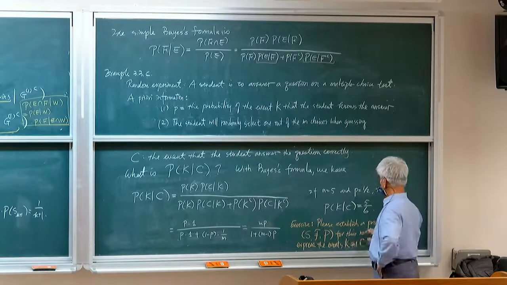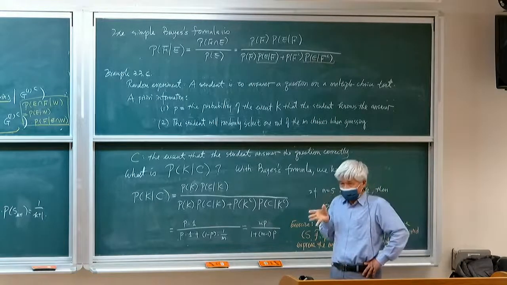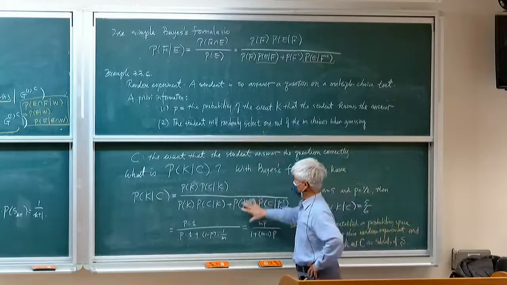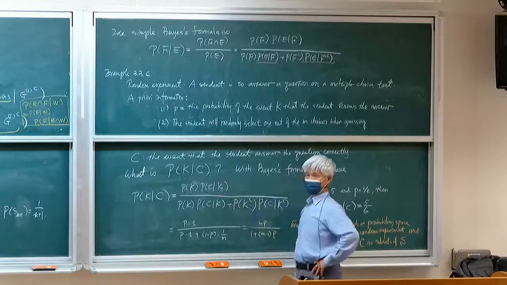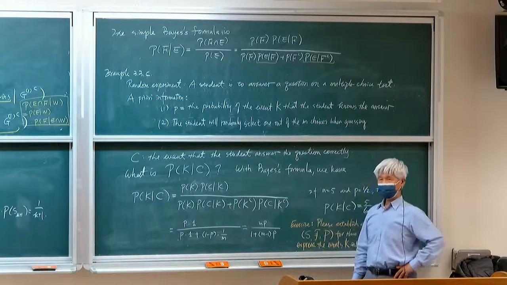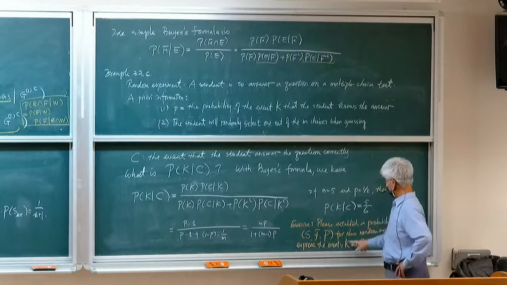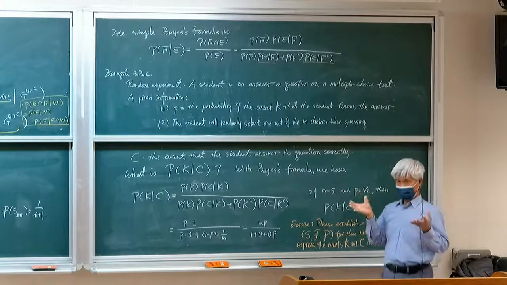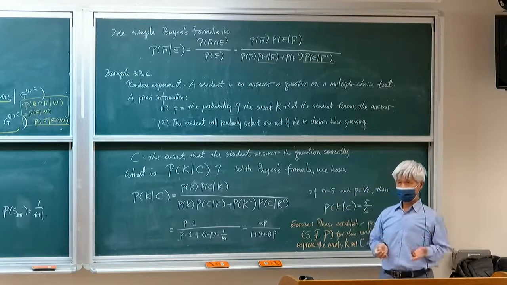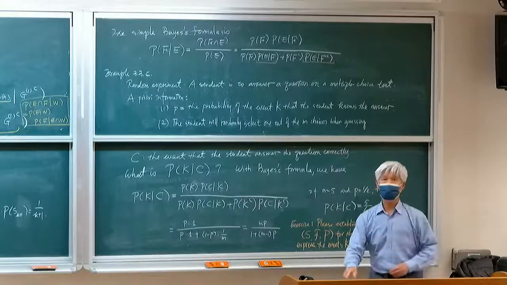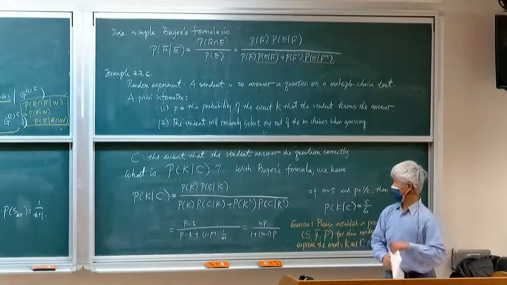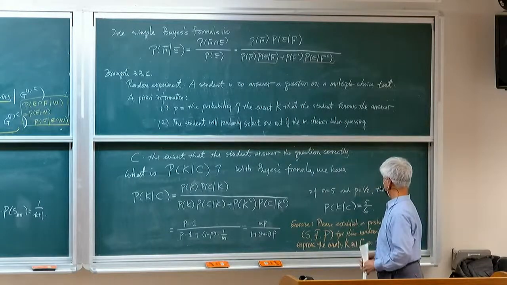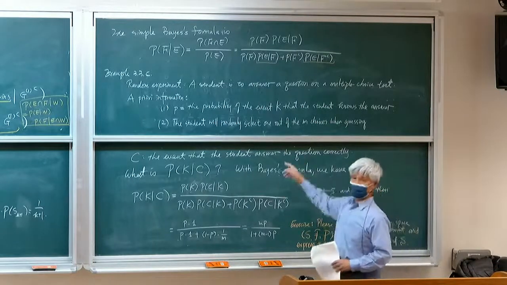But it will give you solid insight into why all this stuff works. Okay. All right, and especially express the events K and C as subsets of outcomes. Okay. Any questions about this example?